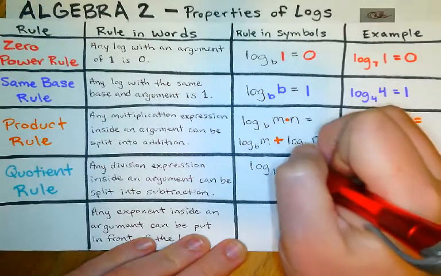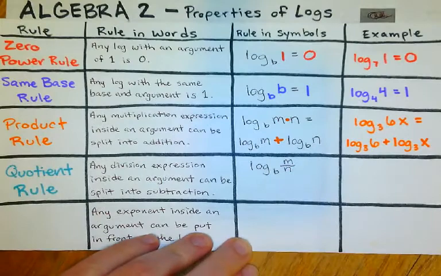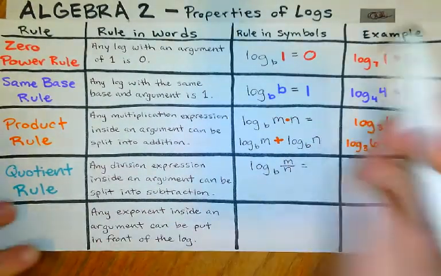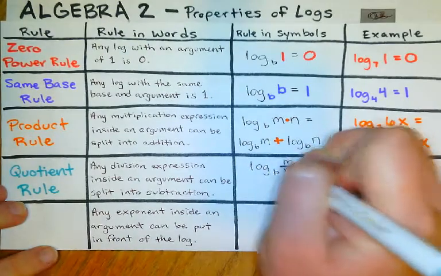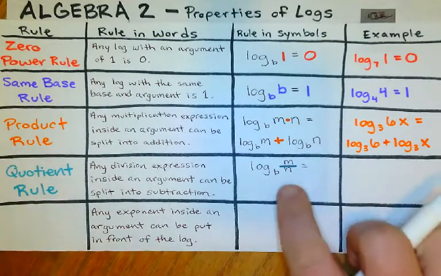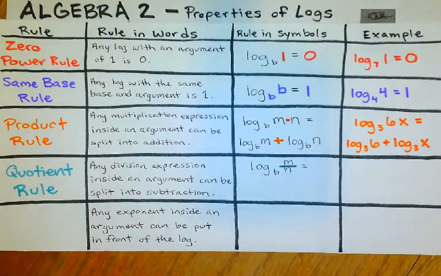If I've got m over n, like this. Remember, a fraction is the same thing as a division problem, so we see division in our argument, so we can split our argument into two logs using subtraction.